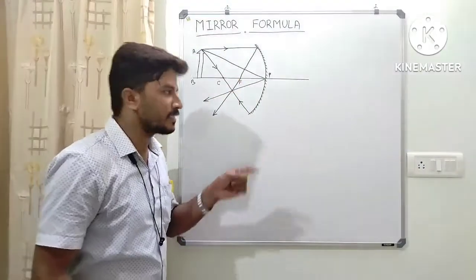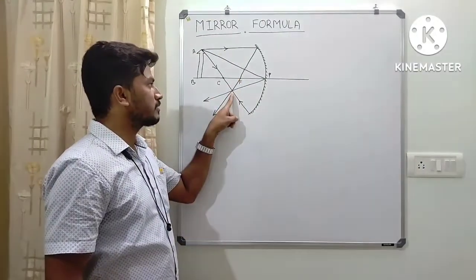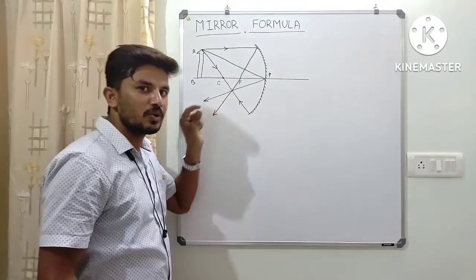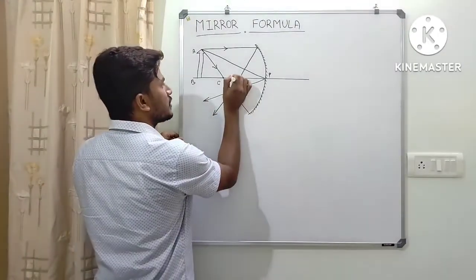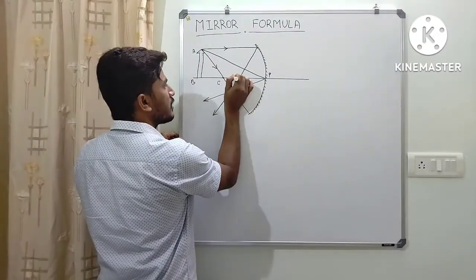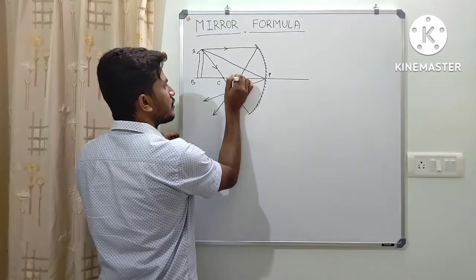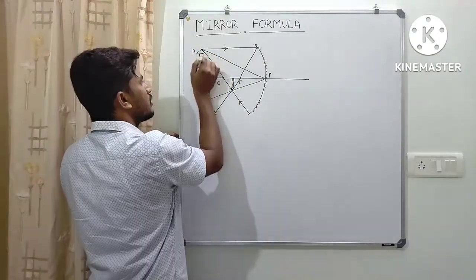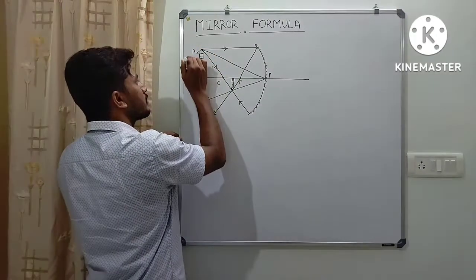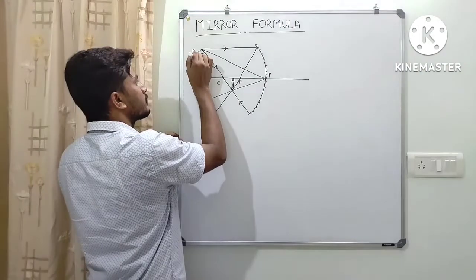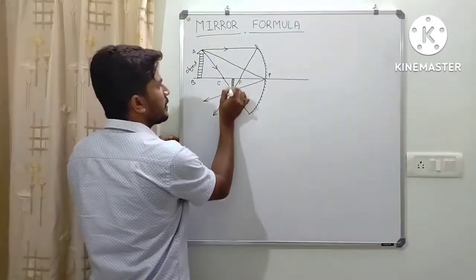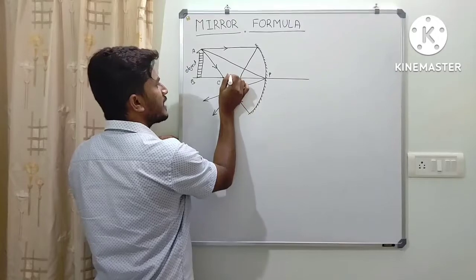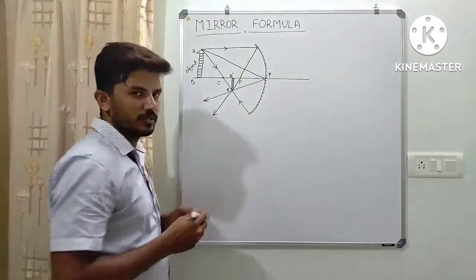Now all the light rays are meeting at a particular point here, so I can consider that the image is formed here. An inverted image is formed. This is the image and this is the object. Let me consider the height of the image as A dash B dash.